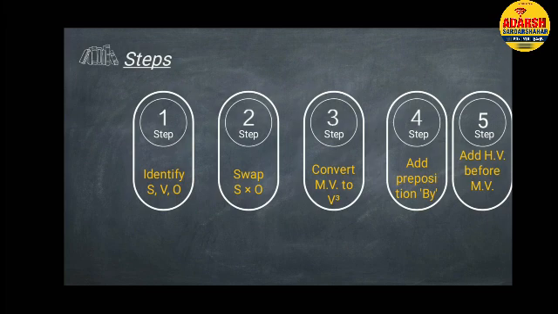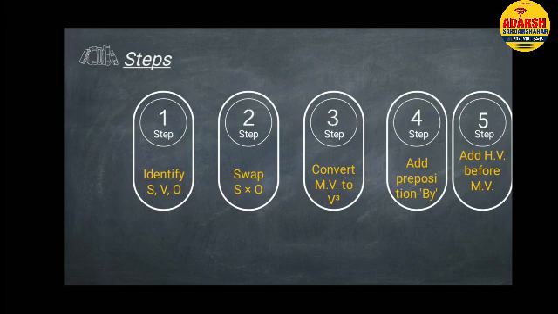That action is our verb, while the object is that on which our action is performed. And with it, our second step is swap subject to object and object to subject. We put the subject in the place of the object and the object in the place of the subject. Step third, convert the main verb to the verb's third form. We always use the past participle in passive voice.